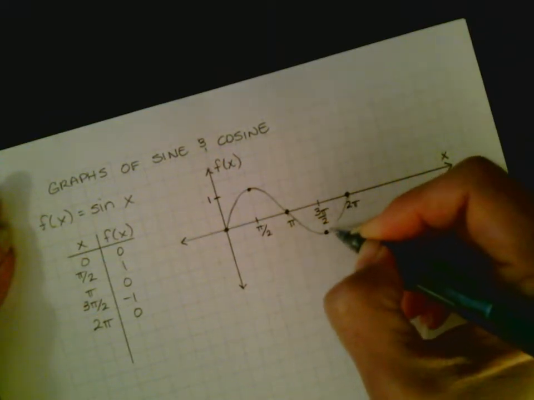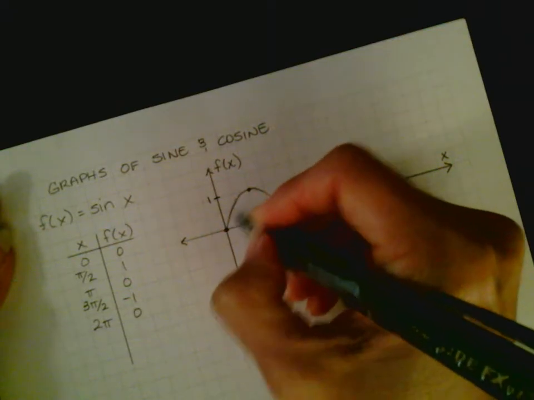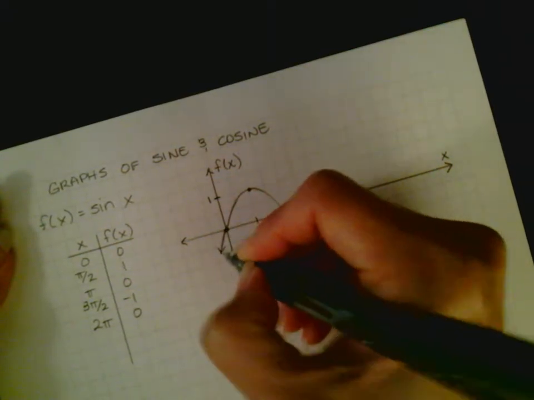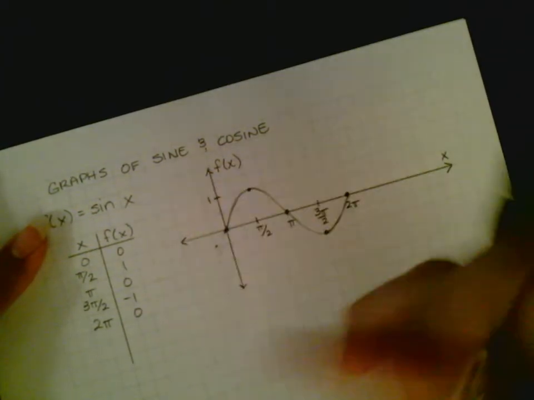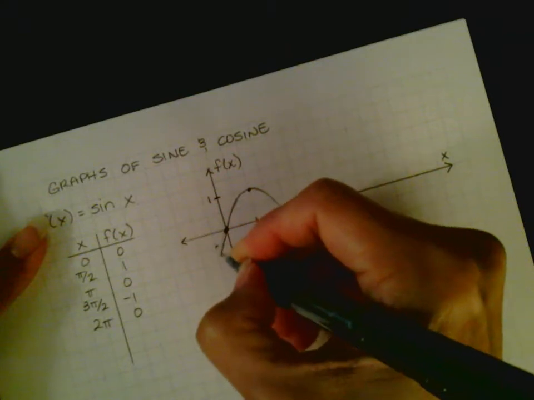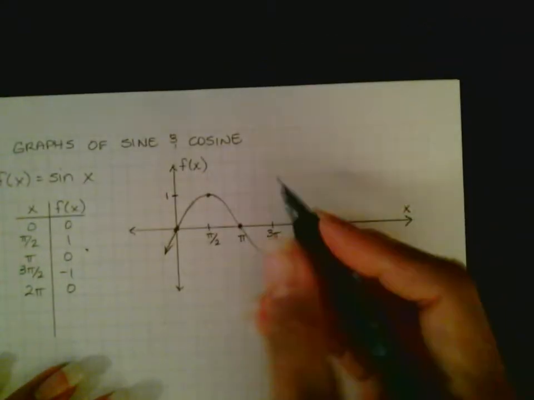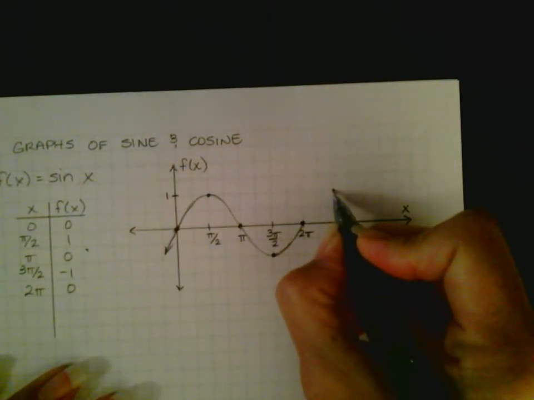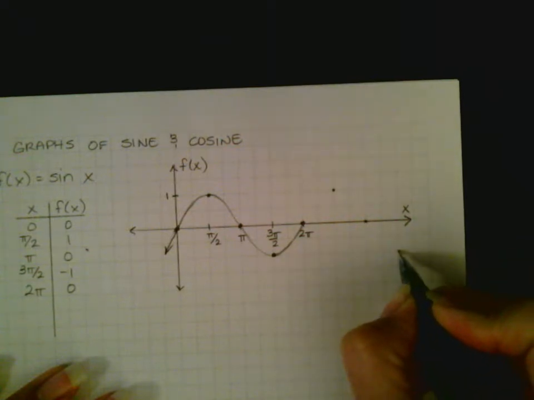Now, I've only drawn one wave. This needs to be understood as going on forever in both directions. That's a little OCD for me there. If we keep drawing in whatever direction, we could see that this will keep going on forever.